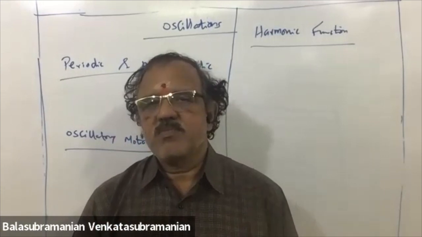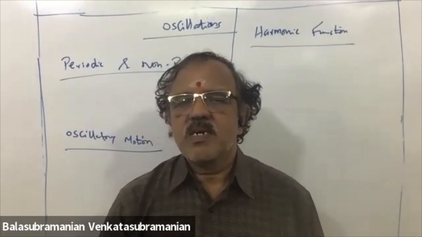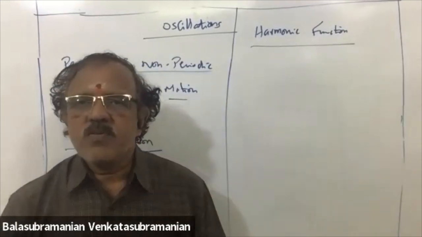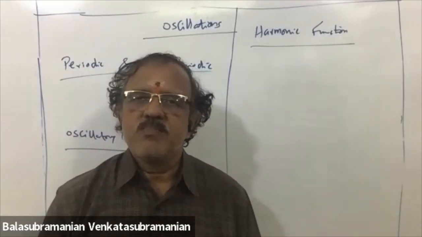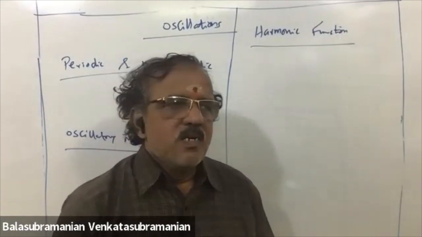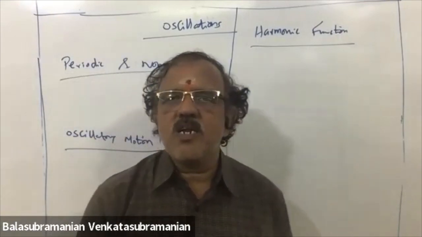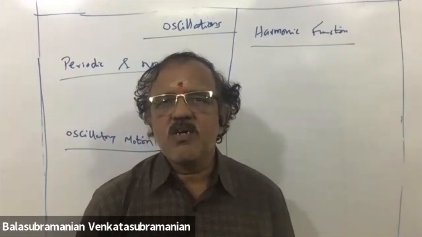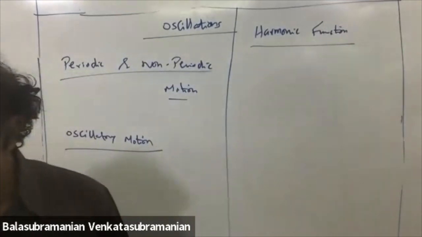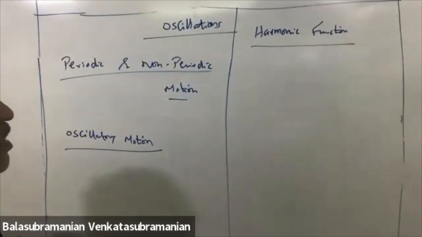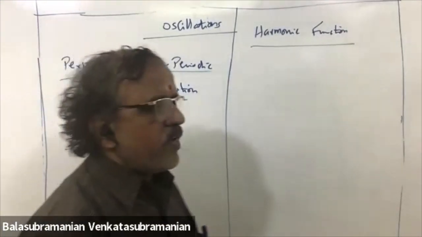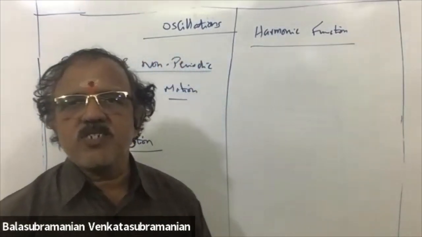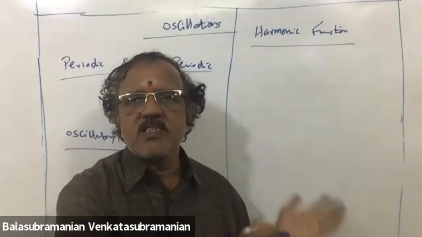A periodic function that can be represented either by a sine wave or a cosine wave is called a harmonic function. Non-harmonic means it is not represented by a sine or cosine wave. That is called non-harmonic. What is the meaning of harmonic function, and how are we expressing it? We will discuss simple harmonic motion, and through that we will explain the harmonic function.